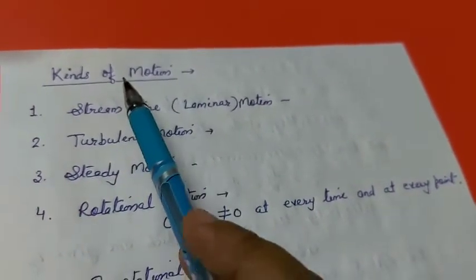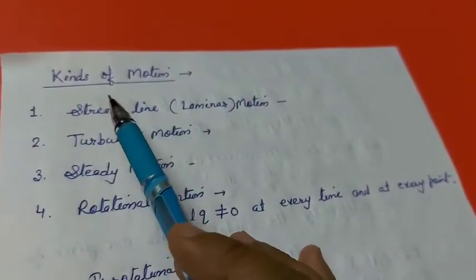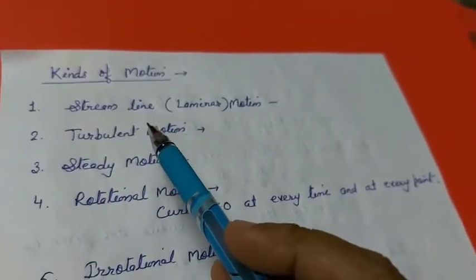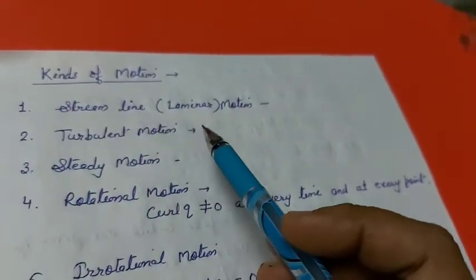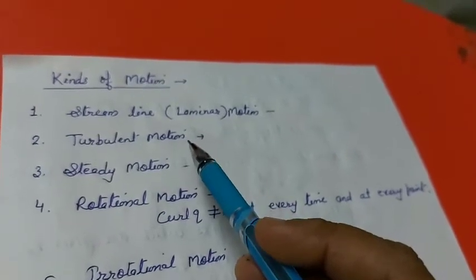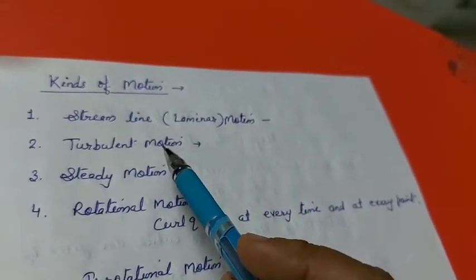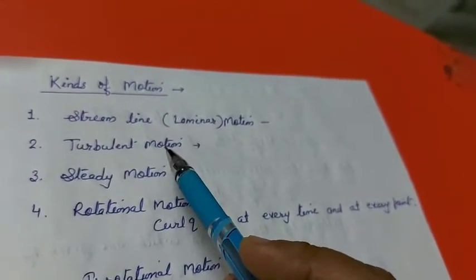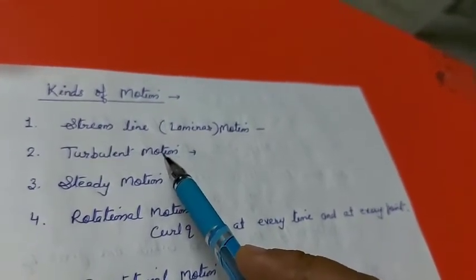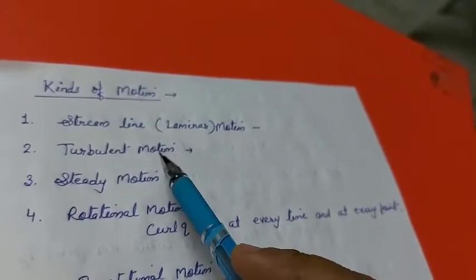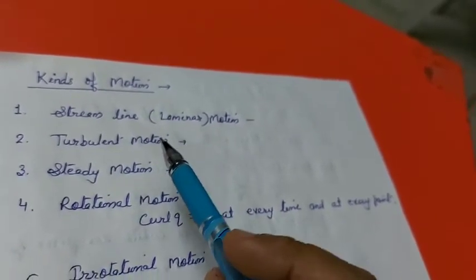Now we discuss kinds of different motions. First is streamline or laminar motion. What is this? A fluid motion is said to be streamline motion or laminar motion if the tracks of a fluid particle form parts of regular curves.